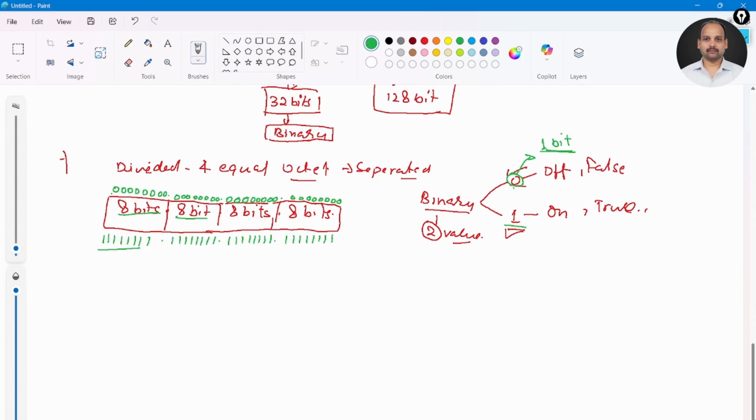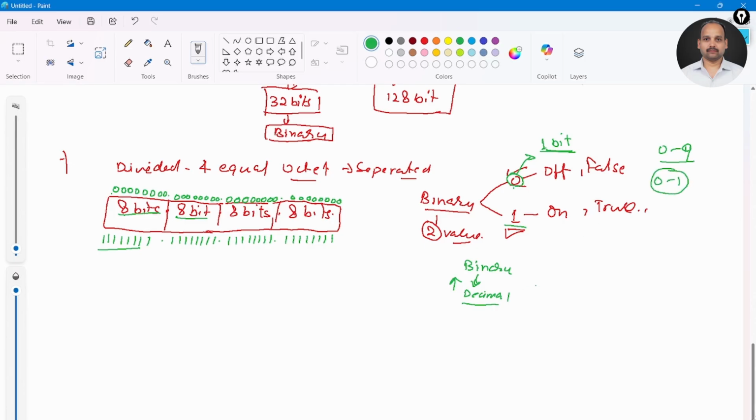I hope you know how you can convert binary to decimal and decimal to binary. As humans we know decimal, which is 0 to 9, and binary is 0 to 1.